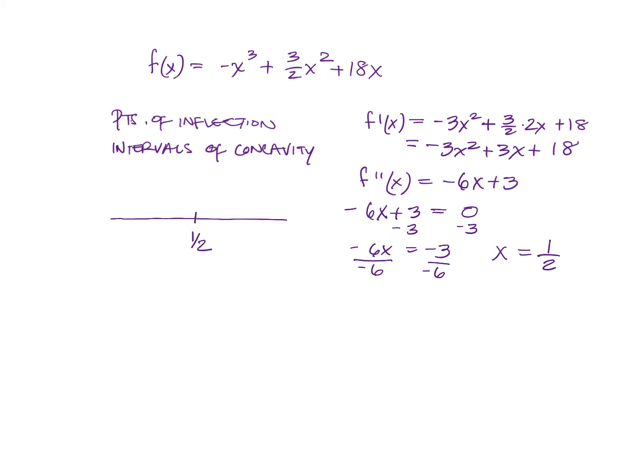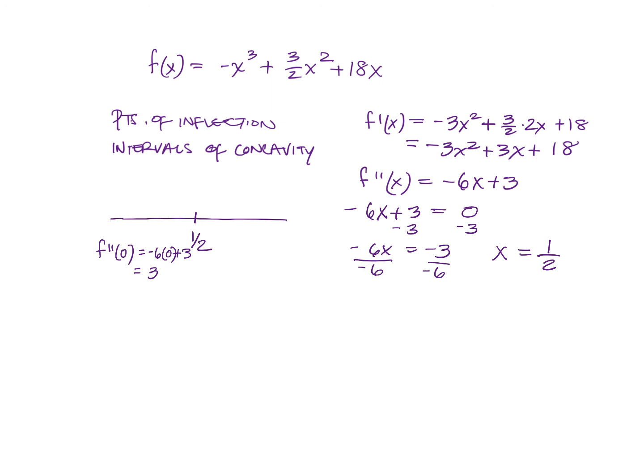So I'm going to go ahead and pick 0. And remember where we're testing this. We're testing it in the second derivative, because the second derivative tells us about the concavity. So I'm going to find f double prime of 0. And so that's going to be negative 6 times 0 plus 3, and that gives me positive 3.